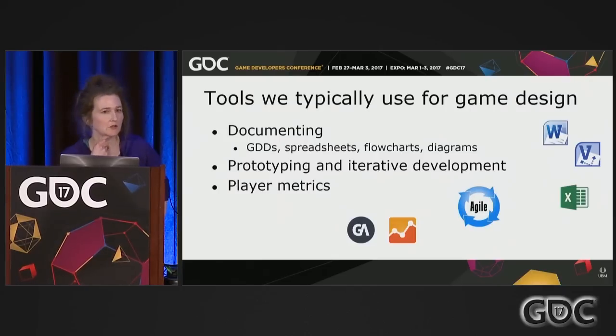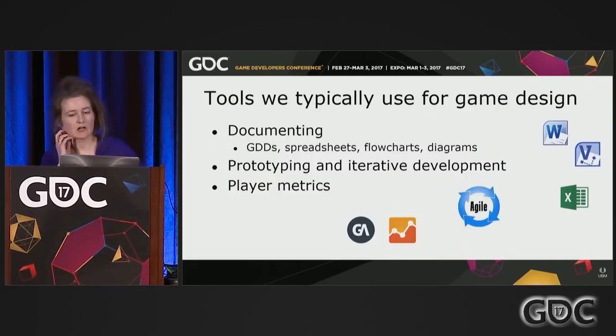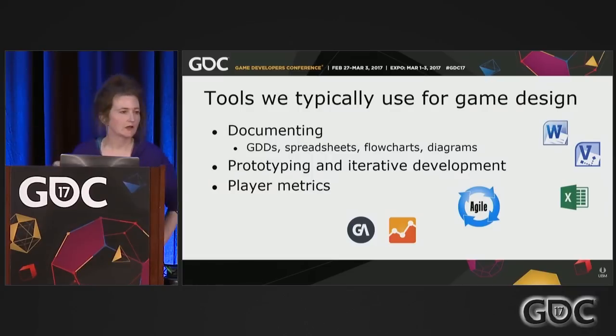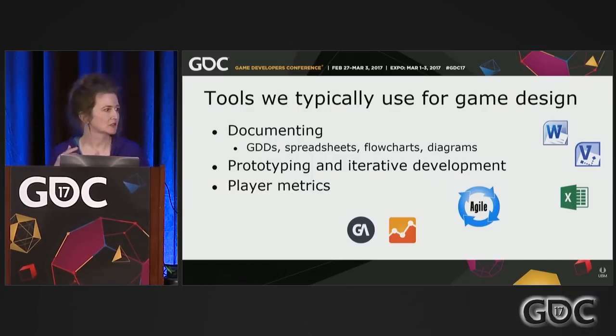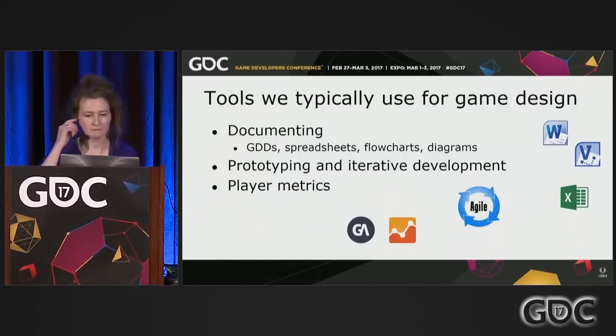So what do we currently use to support our design process? Well, traditionally, we've developed our ideas through writing design documents, improvising diagrams, working out problems in spreadsheets, plotting out gameplay progression structures using flowcharts, and so on. And of course, more recently, we've embraced an iterative process based on prototyping and playtesting.